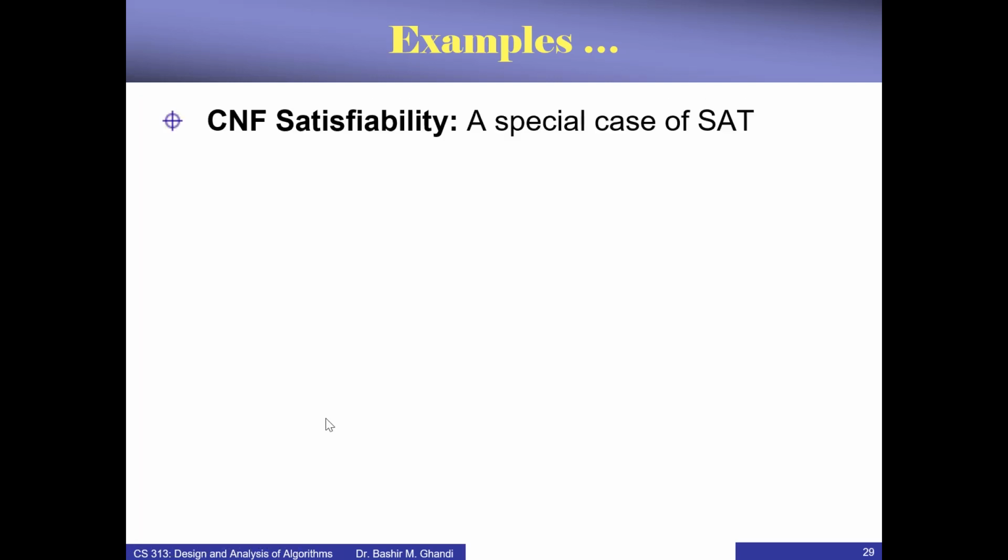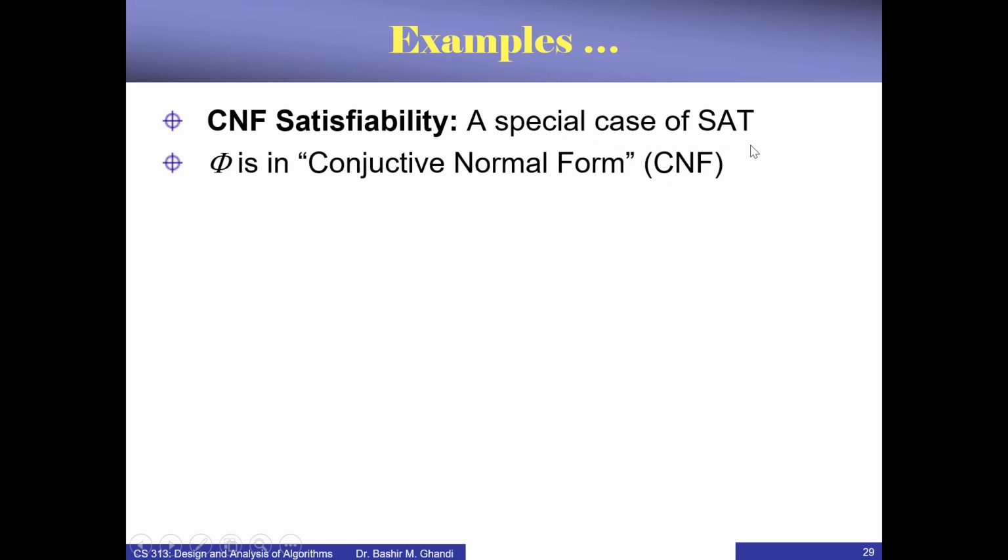The next problem is the CNF satisfiability. This is a special case of SAT, where phi is in conjunctive normal form. That's where the CNF comes from, conjunctive normal form. So how does that look?